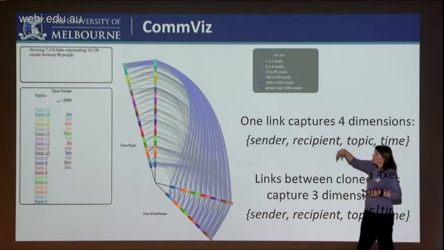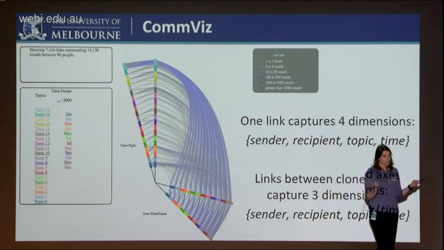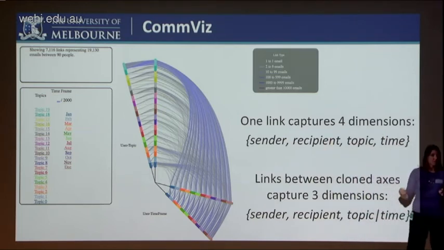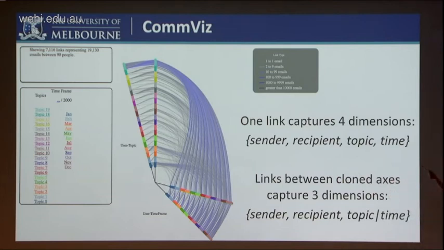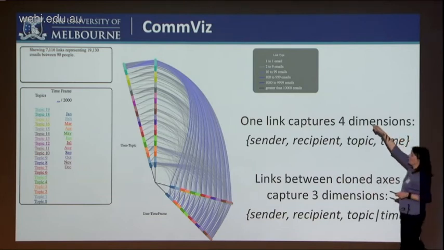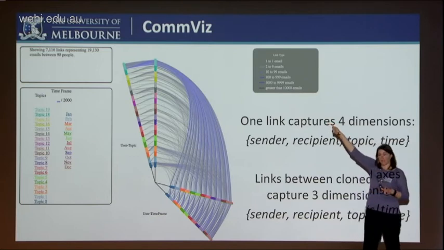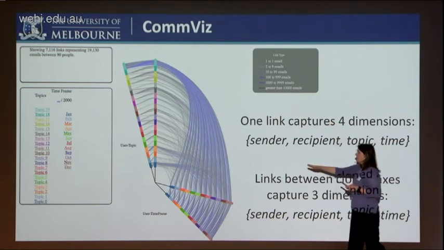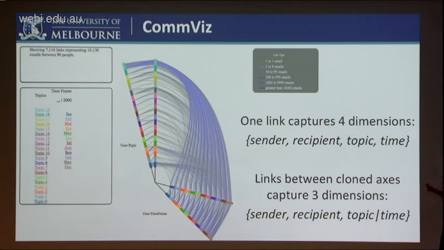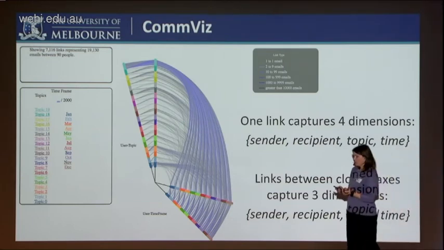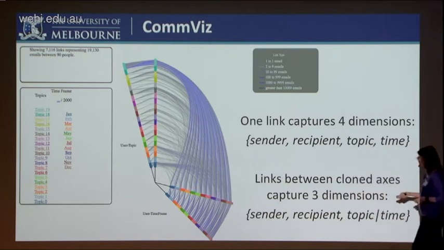Now, because we are restricting to particular time frames, we have multiple messages on the same topic between the same 2 individuals, and so we count how many times that happens, and we use the coloring and the shading here to indicate the strength or the amount of emails that are going back and forth between those people.